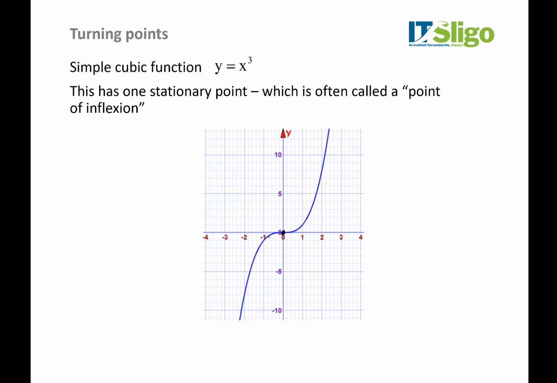It's like where a local max and a local minimum point meet at the same place, and that's called a point of inflection. So they're the typical turning points that we'll be examining: local maximums, minimums, and points of inflection.